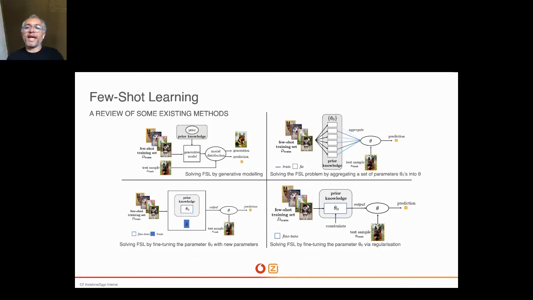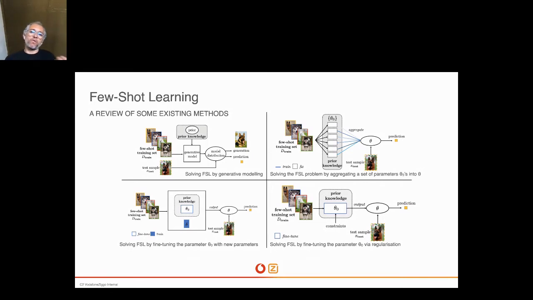Another one is by aggregating the parameters, the thetas here, into a big bucket. That's called the prior knowledge, because the model has seen so many of these same categories. For instance, if you're training it on dogs, here breeds of dogs, the idea is that you aggregate the parameters of the dogs because those contain the features that have been extracted, and the weights.